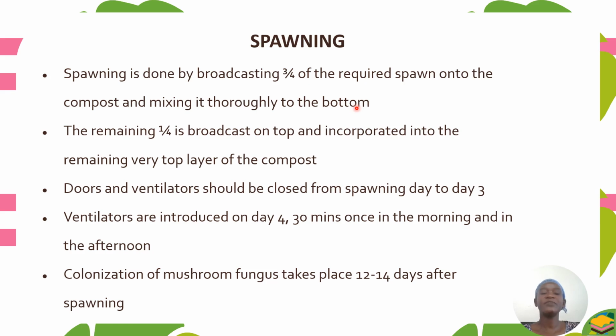Once you have done the mixing of the spawn together with the substrates, then on top of the substrate or compost, you finish the remaining quarter of the spawn. You just spread it on top of the substrates.